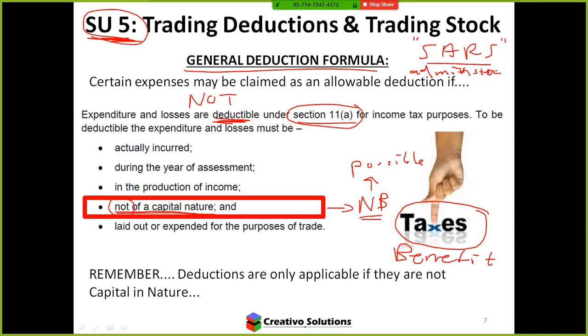No one wants to pay more taxes than they have to. You have to pay your fair share, but if you can reduce your taxes as much as possible, as long as it's in line with the law, SARS can't stop you from doing that. As long as you're following the rules, you can pay as little tax as possible, and that's perfectly acceptable. There's nothing wrong with that.